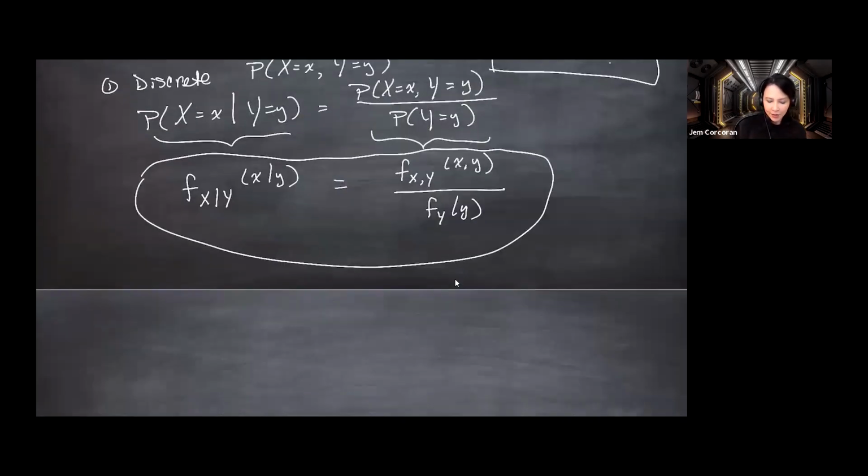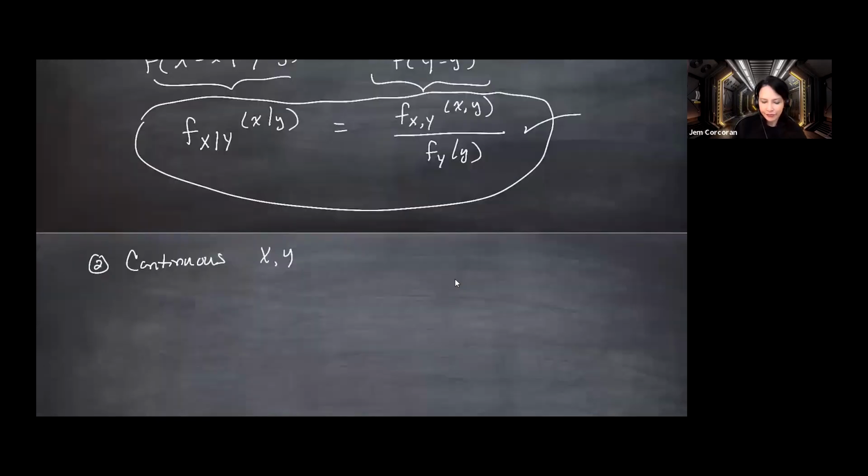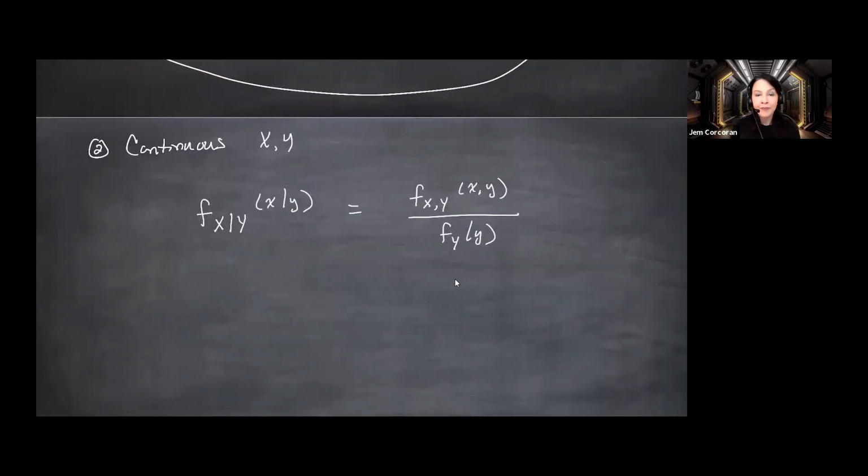And then in the continuous case, we can't talk probability, but it's completely analogous. So I'm just going to write this circle again, but not write the probabilities. And this is a perfect opportunity for cut and paste. So the conditional PDF for x given y is just defined as the joint PDF over the marginal PDF, even though you can't really think of these as probabilities.